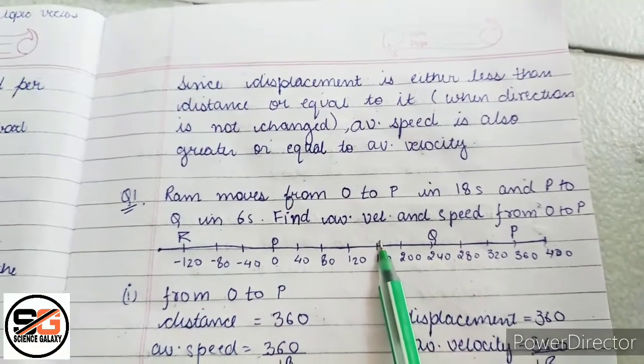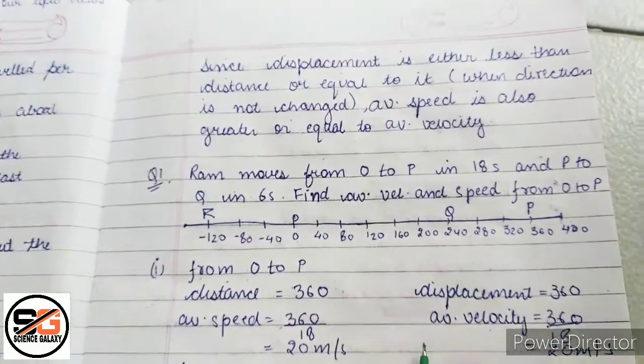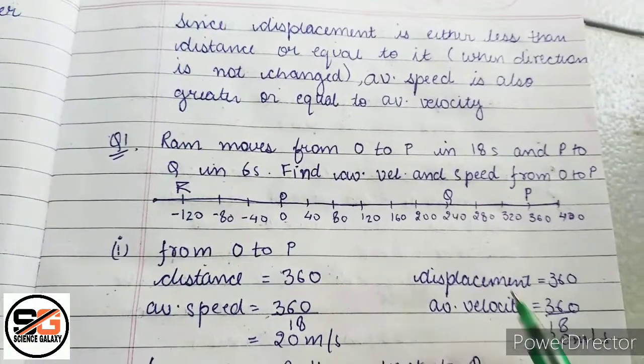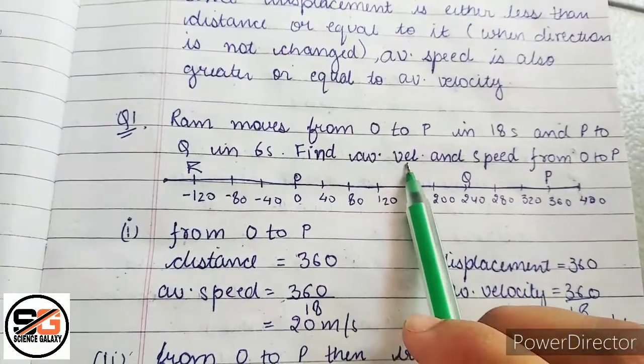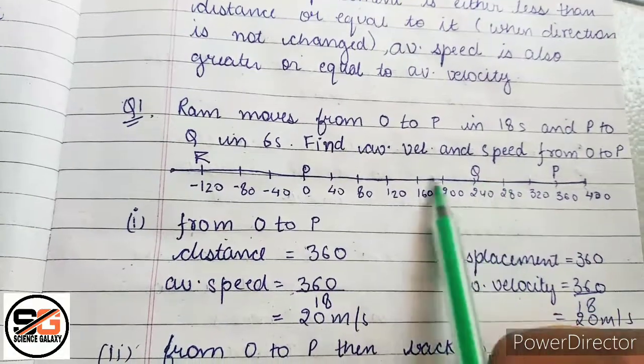We have to find the average velocity and the average speed in this case. Now we will think about distance and displacement. Average velocity is displacement upon time, while average speed is distance upon time.